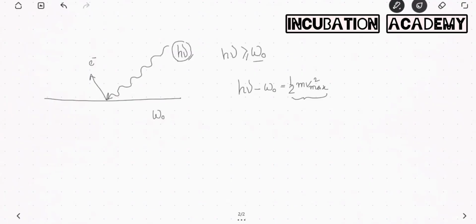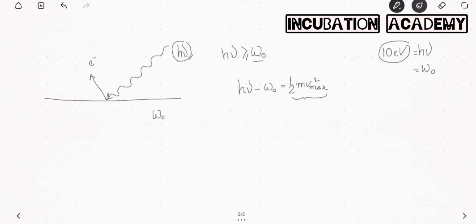Just like, if the photon is of energy 10 electron volt and the work function is defined, obviously it is defined for the different surfaces, it is constant for a given surface.